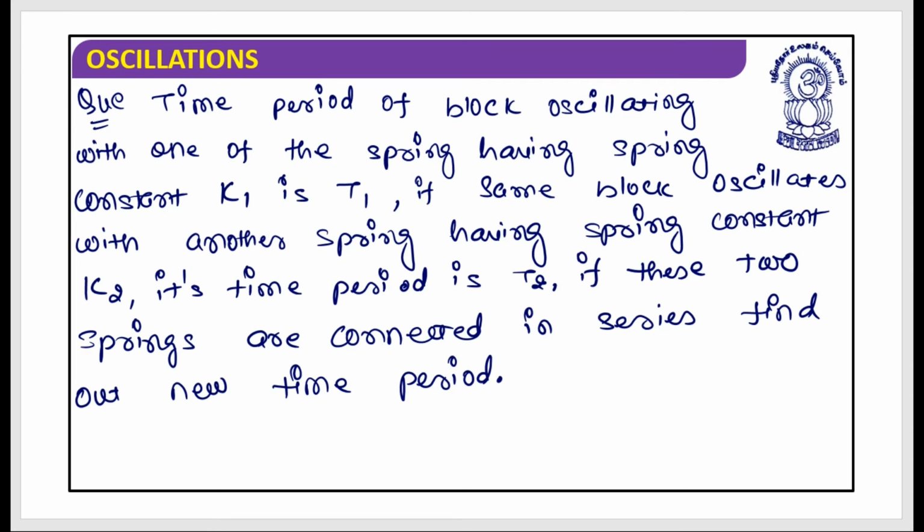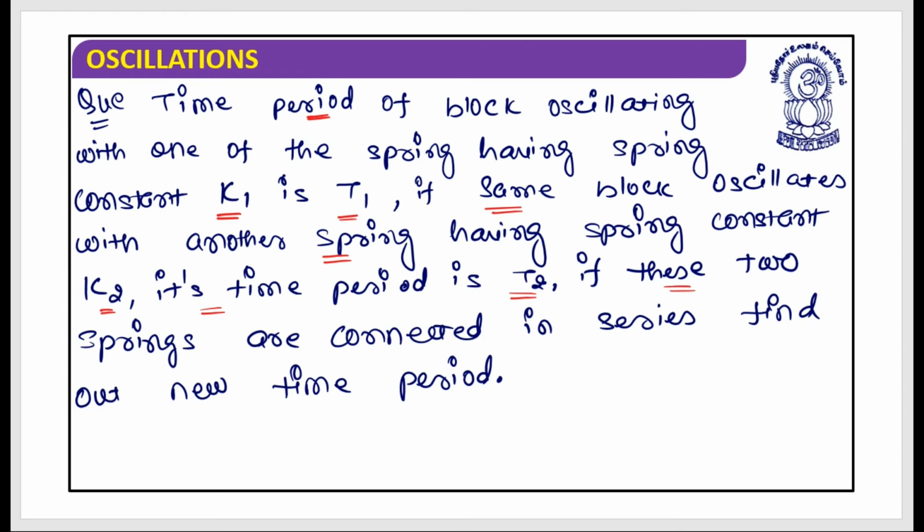Yes, this is the question. Go through the data once and focus on this. It says the time period of a block oscillating with one of the springs having spring constant k1 is T1, and if the same block oscillates with another spring having spring constant k2, then its time period is T2.